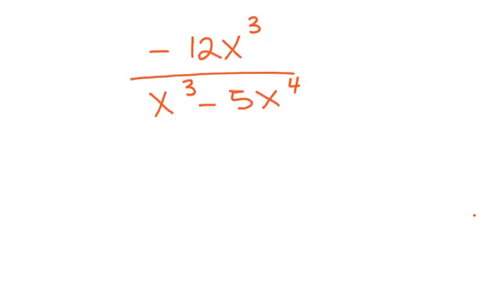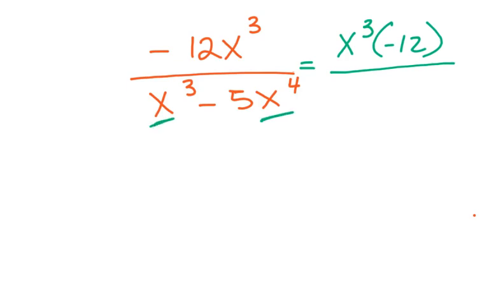All right, the last one that I'll show you. On this top term, I cannot simplify, but I can rewrite this as x to the third times negative 12. On the bottom, I can take out an x to the third on both of them. So I'll call this x to the third times what? Well, 1. I have to put the 1 there so that when I multiply x to the third times 1, it equals x to the third.